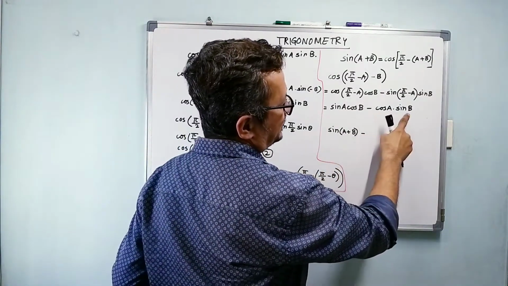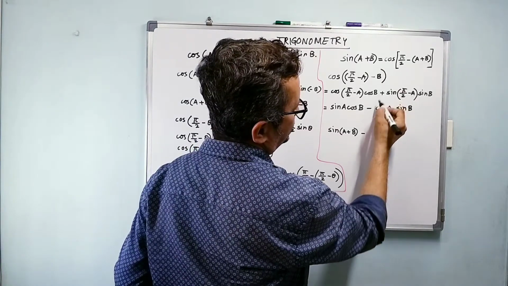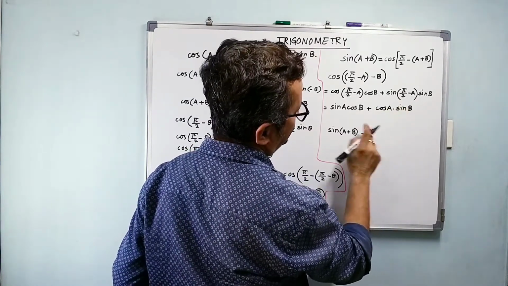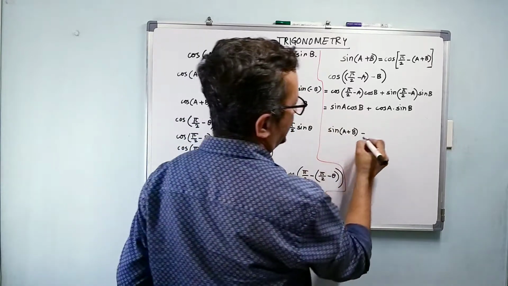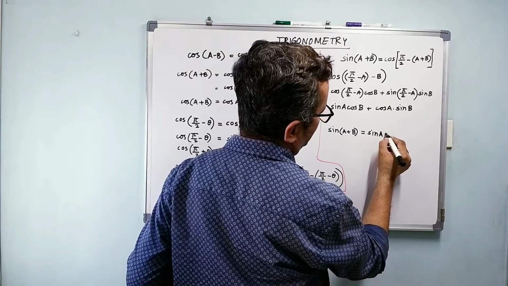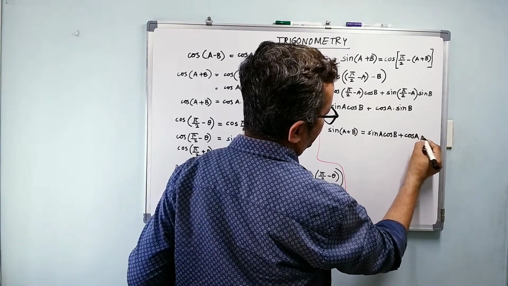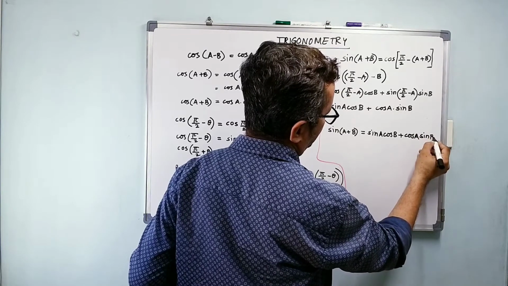So cos A sine B here, correct? Here we have a positive sign, and that is the reason why we get this expression as sine A cos B plus cos A sine B.